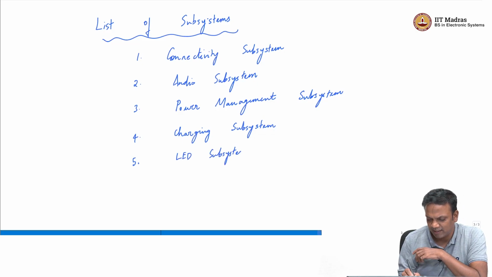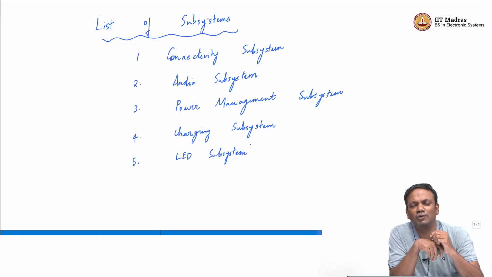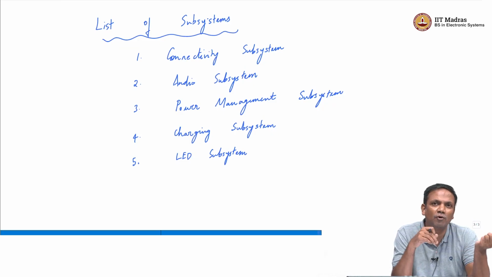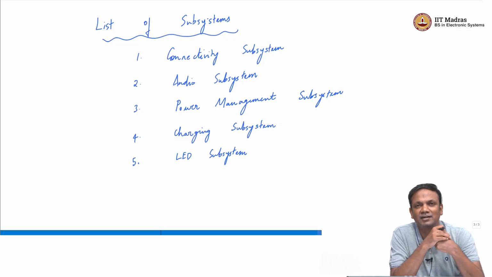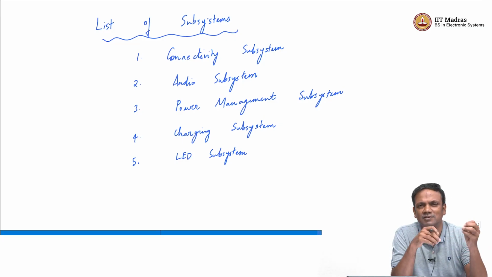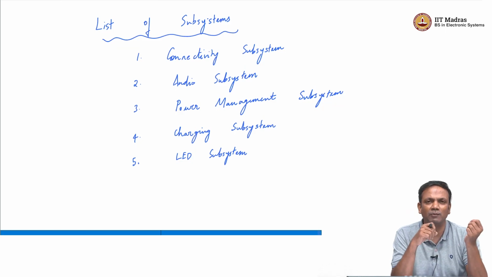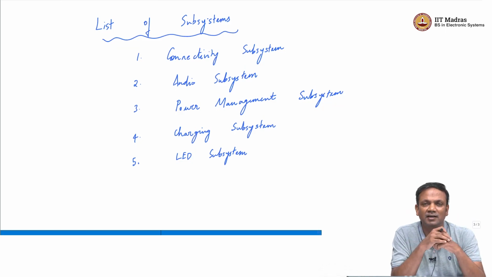The job of that LED subsystem is to provide visual alerts or visual cues that tell the user this is the state in which the system currently is. So, if you go critically low in battery, for example, you might have a system which keeps flashing that red light. If you go into pairing mode, it might flash blue and green alternatively, and so on and so forth.